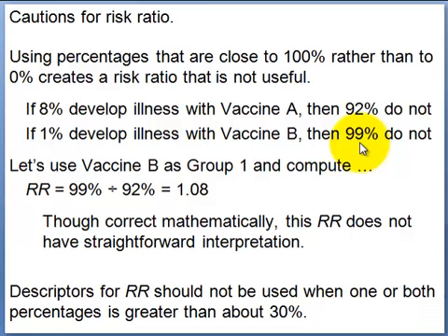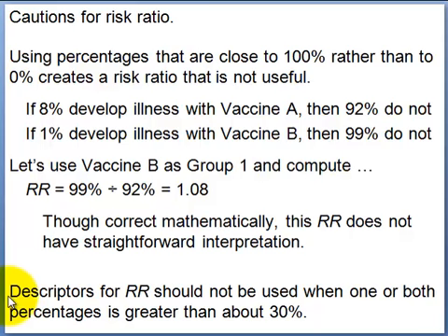You could, and it's not incorrect, compute your risk ratio using these percentages. And here it is, and it comes to 1.08. This risk ratio is correct mathematically, but it doesn't have a straightforward intuitive interpretation, and clearly you can't use the qualitative descriptors with it. So choose the percentages that are closer to 0.